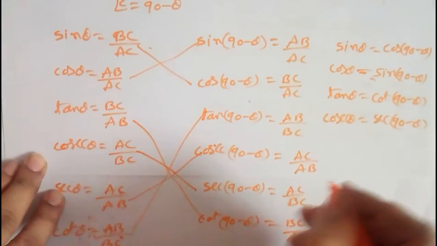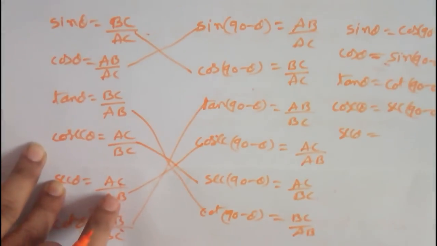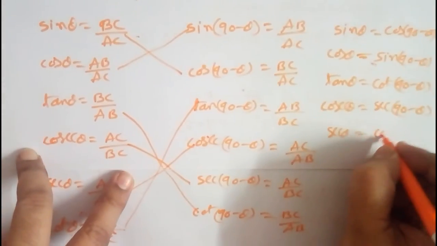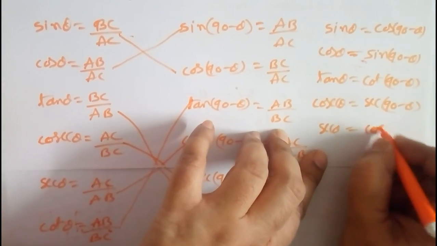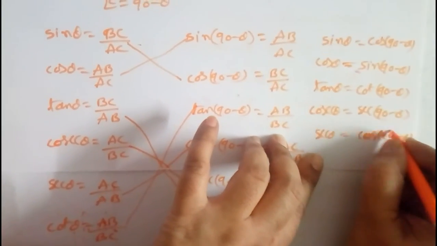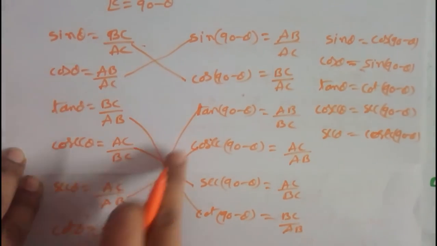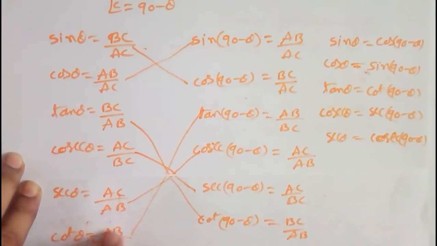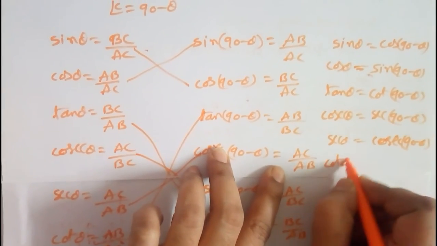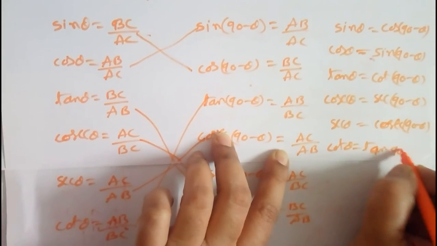Secant theta is equal to cosecant of 90 minus theta. Cot theta is equal to tan of 90 minus theta.